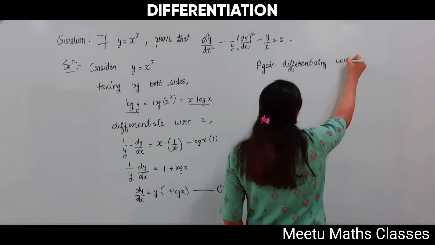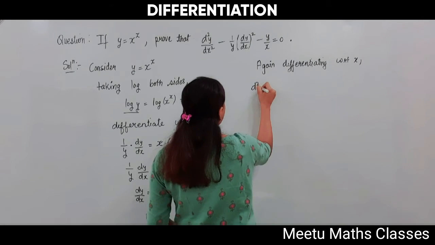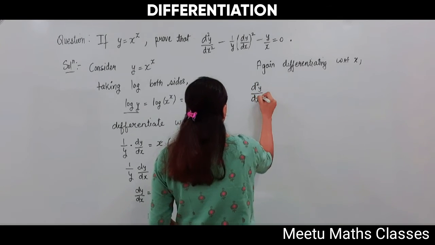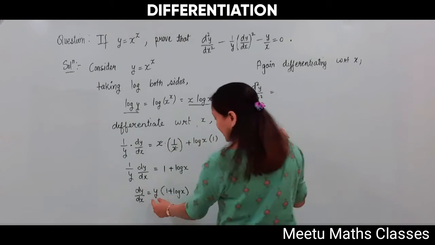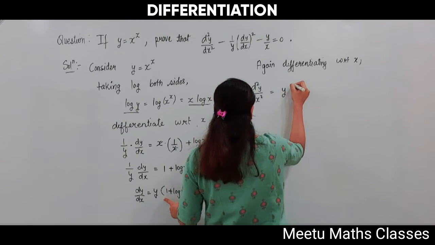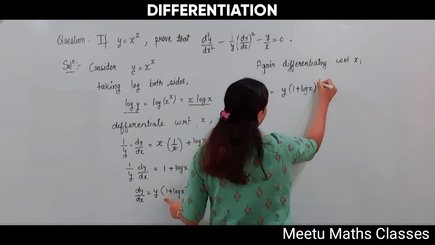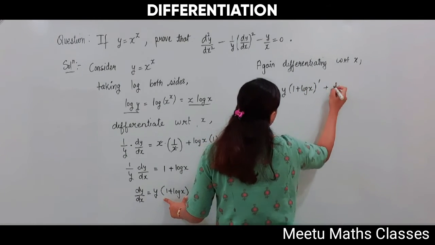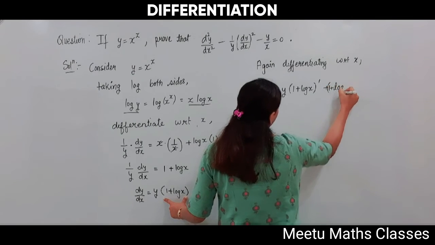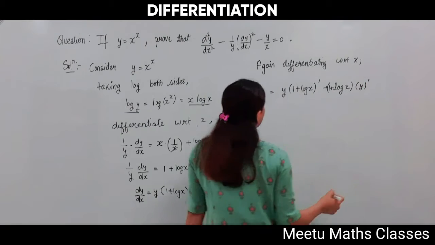with respect to x, we get d square y by dx square is equal to, यहाँ पर आप product rule apply करेंगे. Now first function as it is derivative of second plus second function as it is derivative of first.